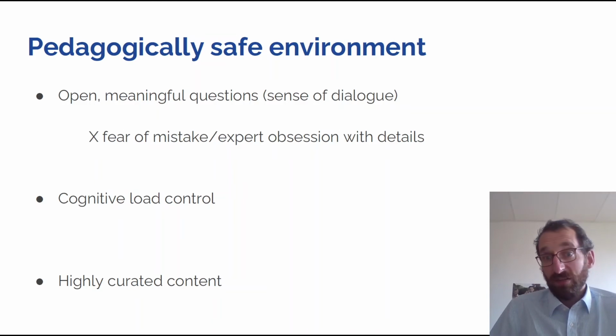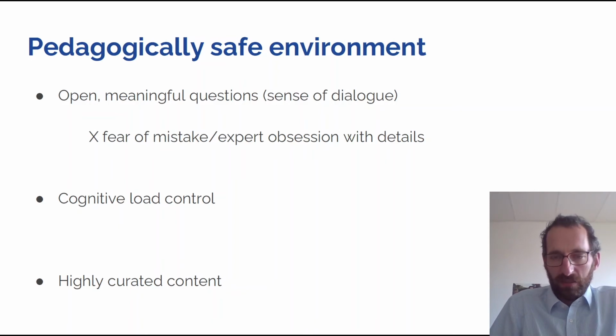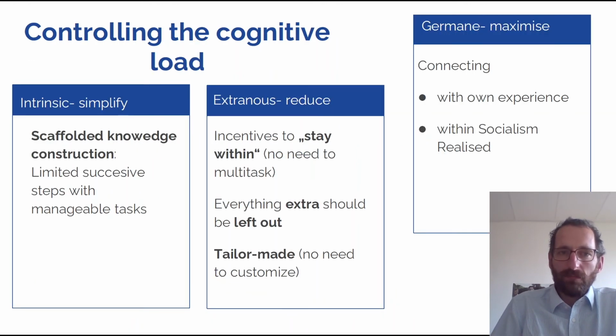It was Brezhnev, but how does that help the user to obtain his goal? We are also trying to control the cognitive load of the user, and we are offering highly curated content. These are the 2 points we are going to speak about next.